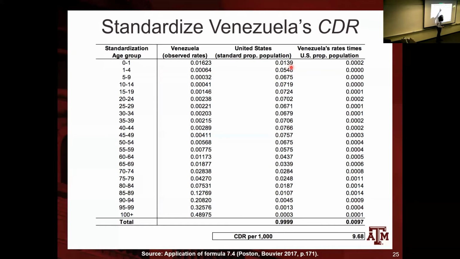So I pretty much multiply 0.0162 by 0.0139. I get these numbers. The Venezuela rates multiplied by the US proportional population. So I multiply, right? Back to the formula.